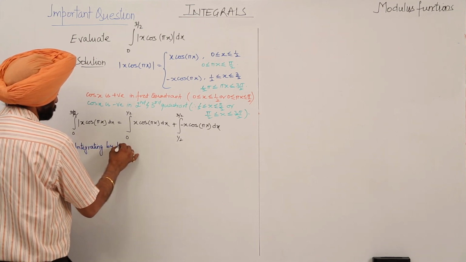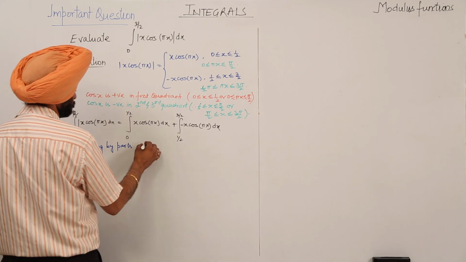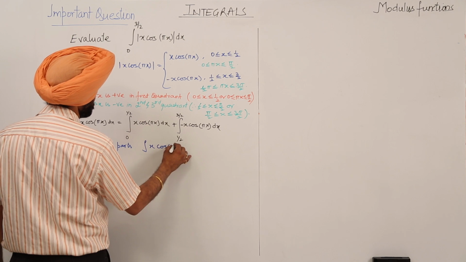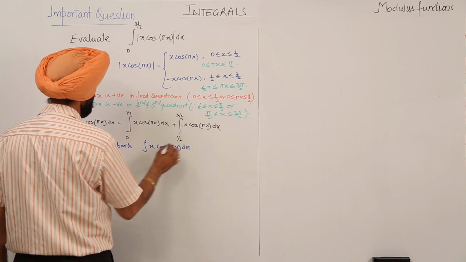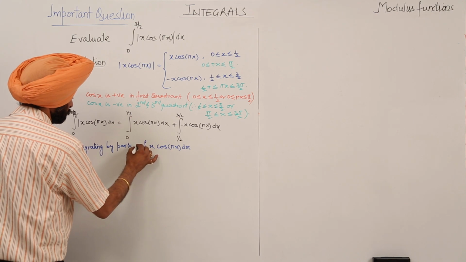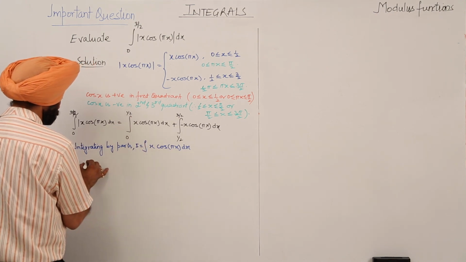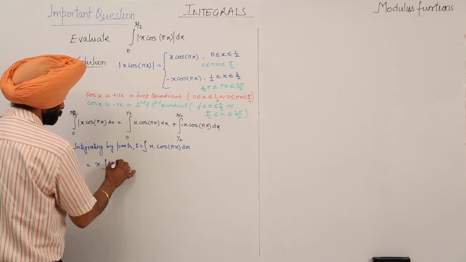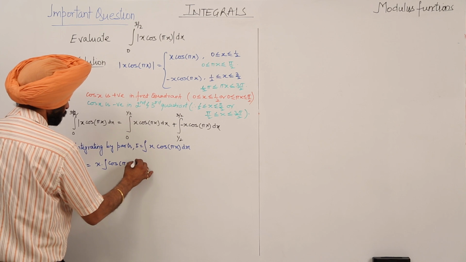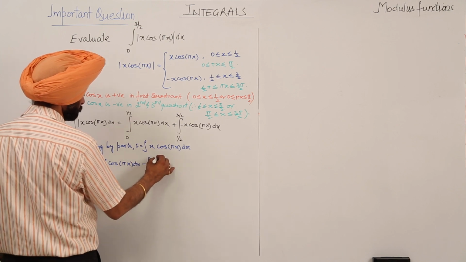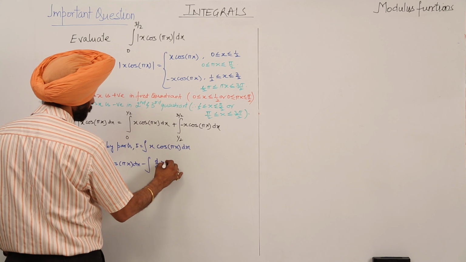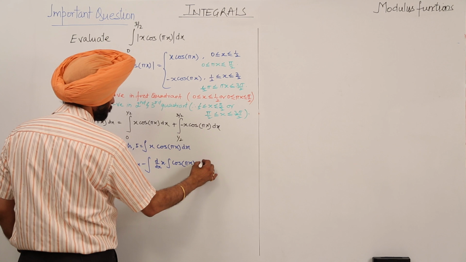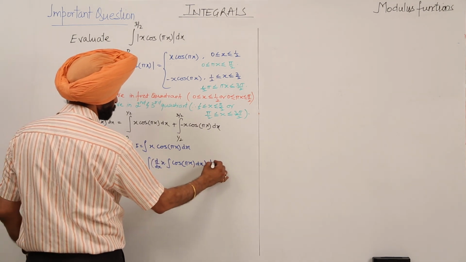Integrating by parts, the integral of x cos pi x dx is equal to the first function as it is times the integration of cos pi x dx, minus the integral of d/dx of x times the integration of cos pi x dx, with dx.